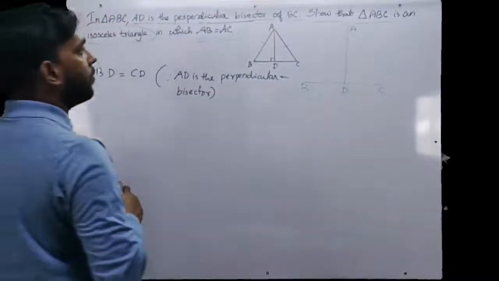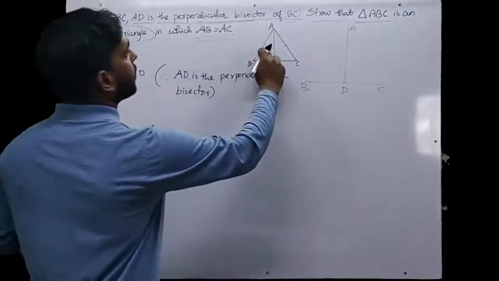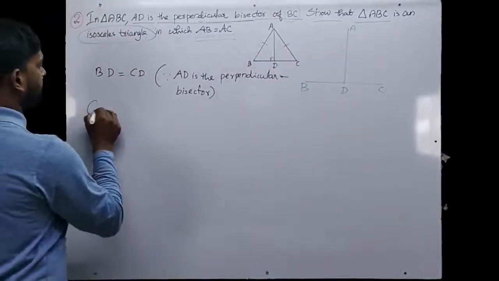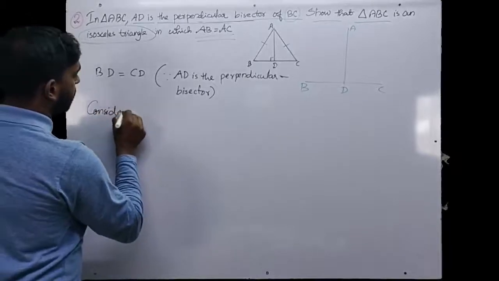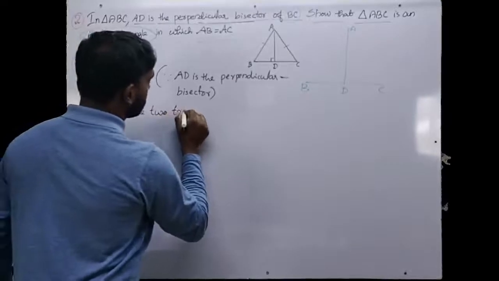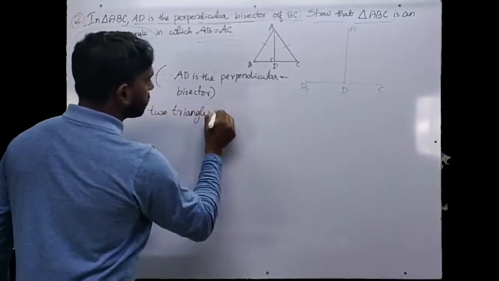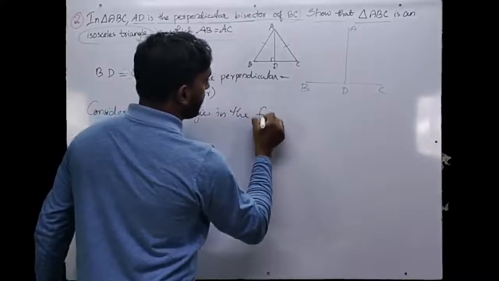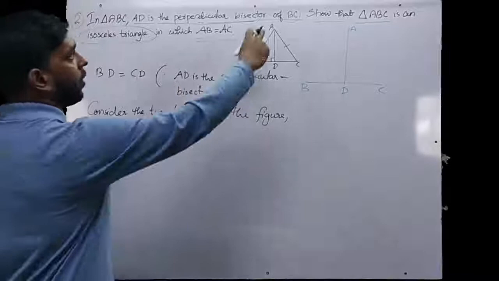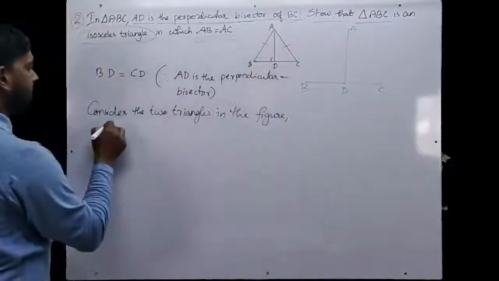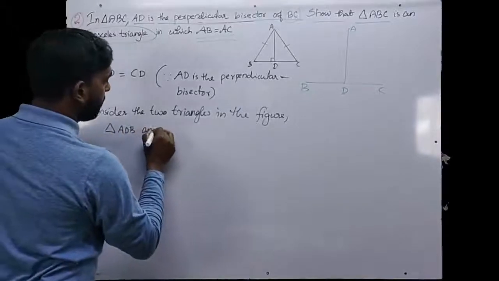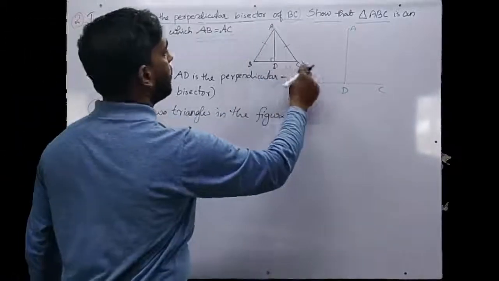Secondly, consider the two triangles in the figure. If you look at this figure, we can look at two triangles here: triangle ADB and triangle ADC.